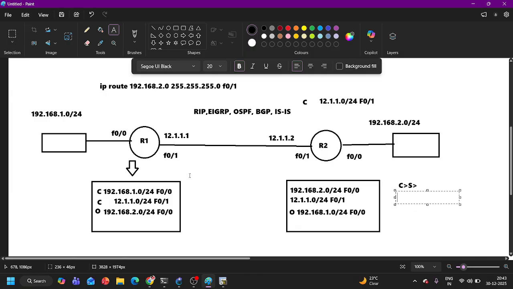For a connected route, the AD value will be 0, so it will be top priority in the routing table. And if the router has a route in the routing table, then we all know it will forward the traffic. And how is it going to forward the traffic? Remember the decapsulation and encapsulation process in packet forwarding on the router, and comparing the destination IP address with the routing table. That's it.